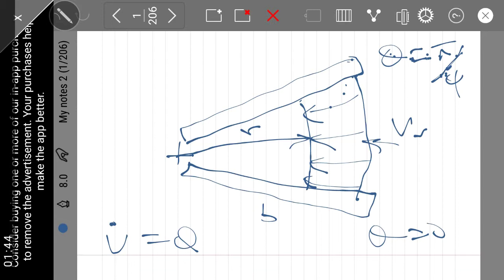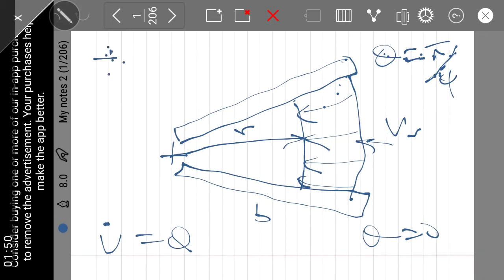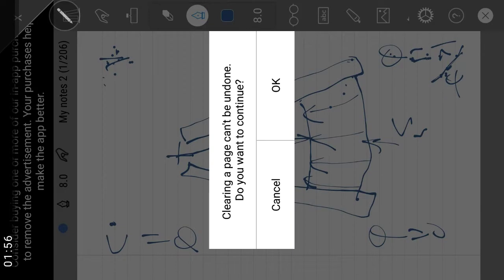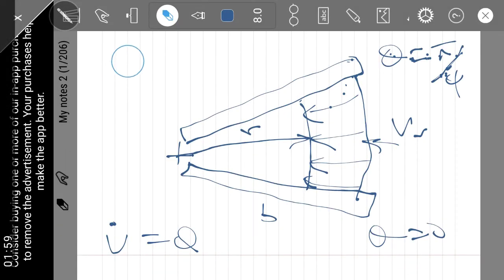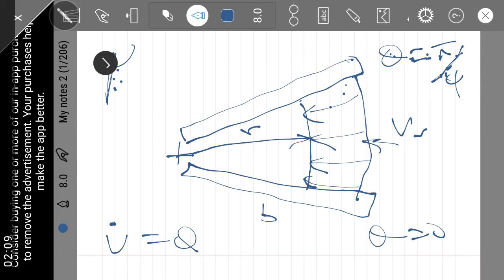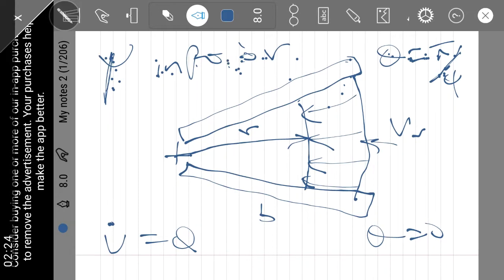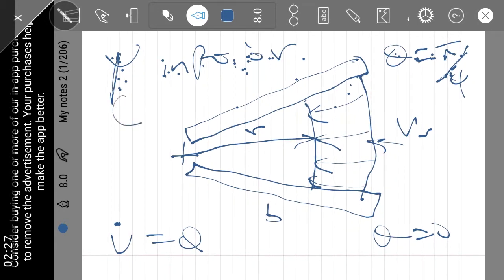Find an expression for the polar coordinate stream function of this flow. So find psi in polar coordinates.